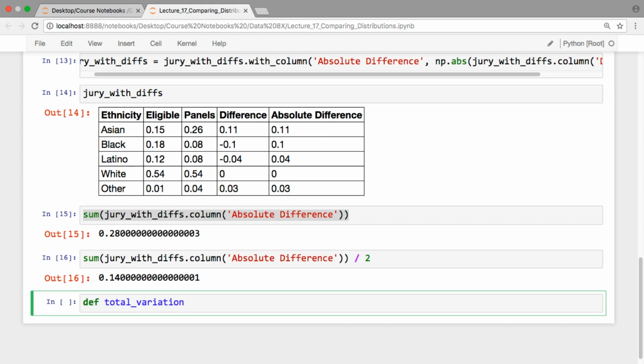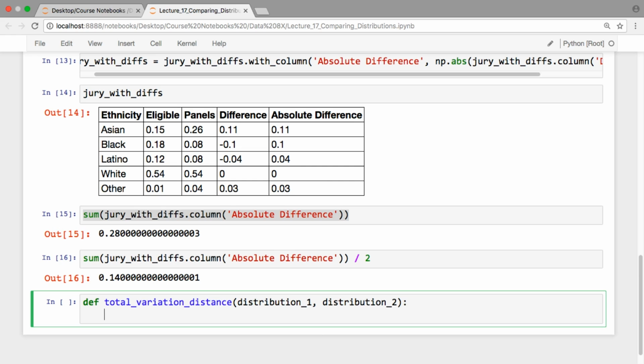We're going to have to calculate these distances quite a few times, so it helps to have a function. Distribution 1 and distribution 2, you can imagine them to be two arrays representing two different distributions on the same categories. And what this function is going to return is exactly what we have calculated here.